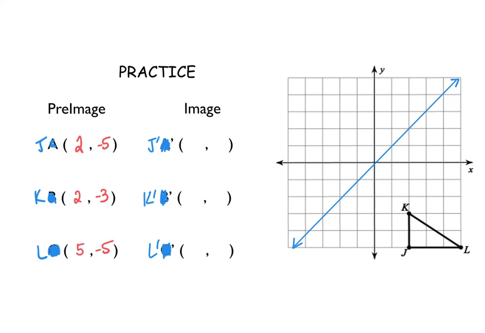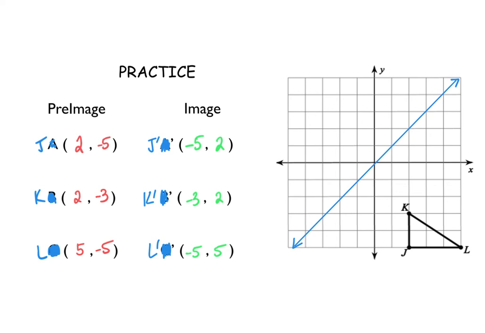What I need to do is find my new coordinates and graph it. To find my new coordinates, I'm just going to switch those. So my J prime is going to be negative 5, 2. My K prime, negative 3, 2, and my L prime, negative 5, 5.